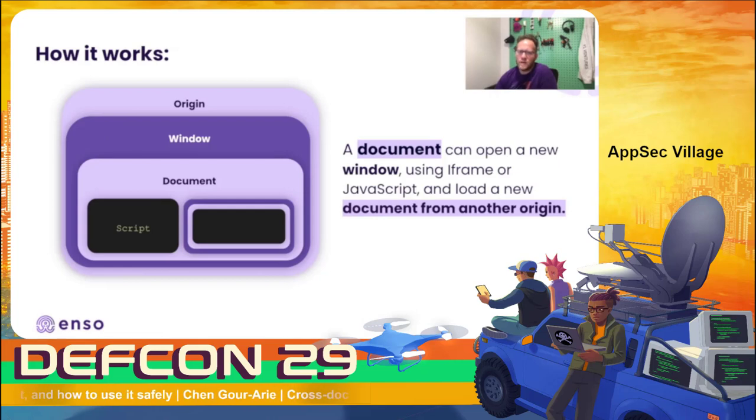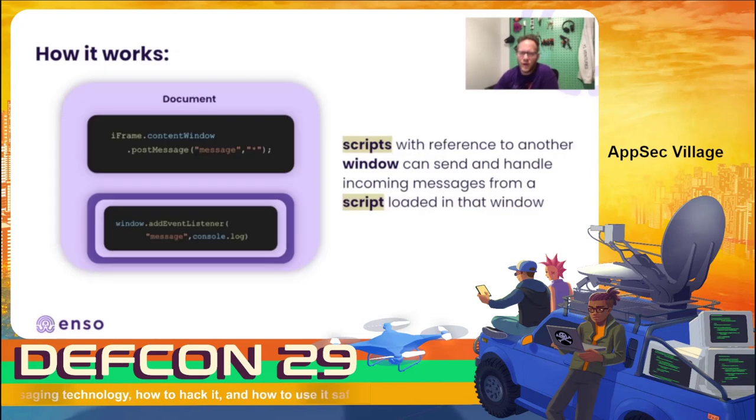Any document can open a new window and embed another document from another origin, or open a window using window opener in another tab, and maintain a handle to that window so it can communicate with it later on. The scripts that run inside windows, if they have a reference to other windows, can send messages to these windows using the postMessage command.